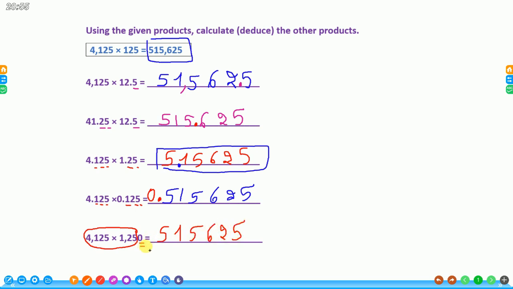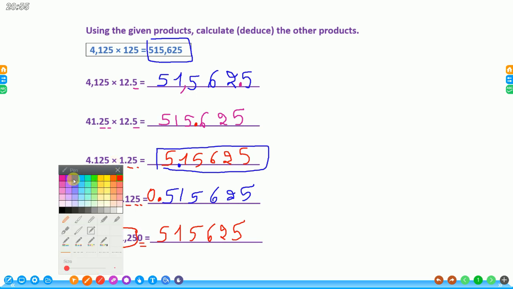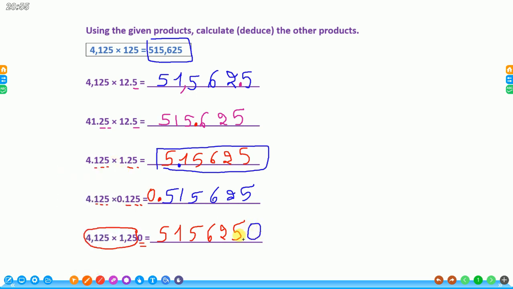And this 0 I added to the right. And the answer is a whole number. So here we don't have decimal points. This is the final answer. Let's put the commas, 1, 2, 3, comma. And the answer is 5,156,250.